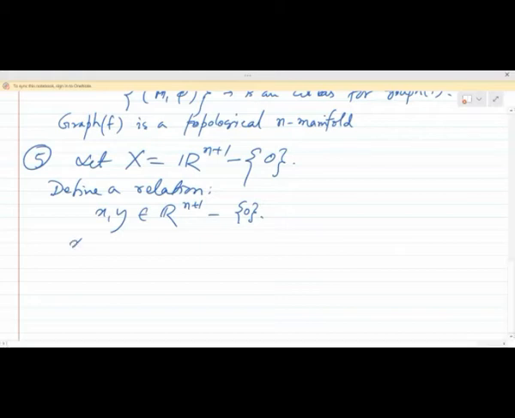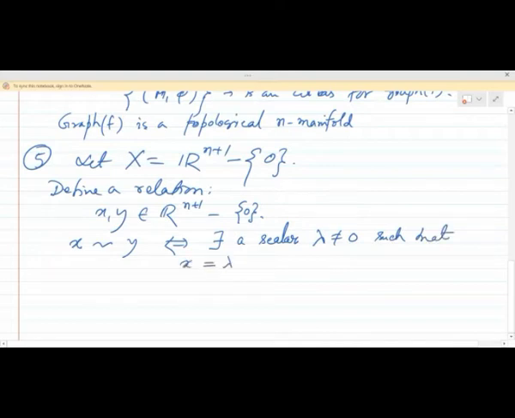Then x is equivalent to y if and only if there exists a scalar lambda, in the field of reals, we are considering the scalar field as R here, with lambda not equal to 0 such that x can be written as a scalar multiple of y.